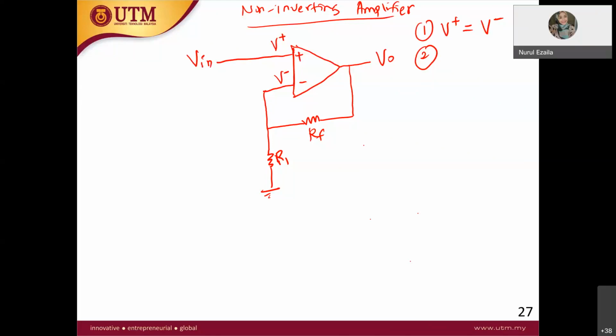V in. Yes, the same node here, so it is equal to V in. You have to write down everything. So I plus is equal to 0 and I minus is equal to 0. So this is your I plus and this is I minus. So these currents are equal to 0.